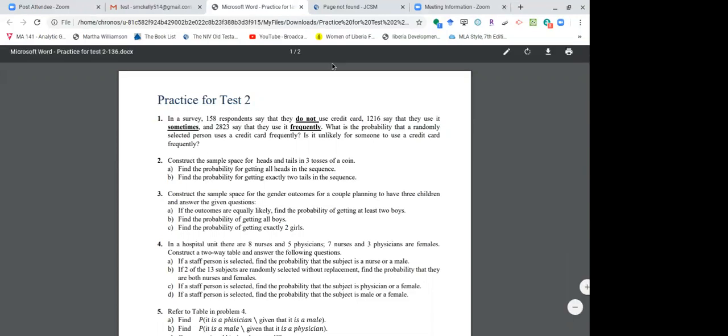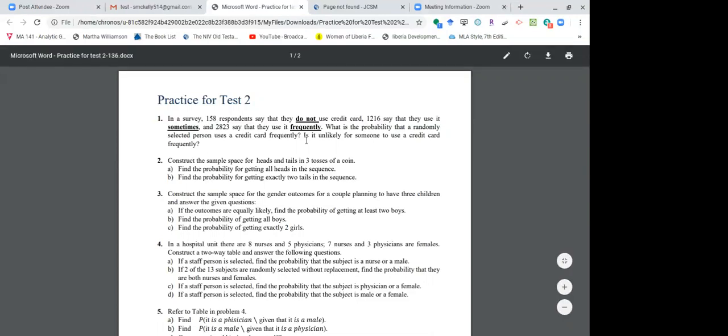Yeah. All right. What about, how are we with number 2? Number 2, construct the sample space. Okay. So heads and tails in 3 tosses of a coin. So we're going to do all the combinations we can get with the coin. There are 3 coins, right?